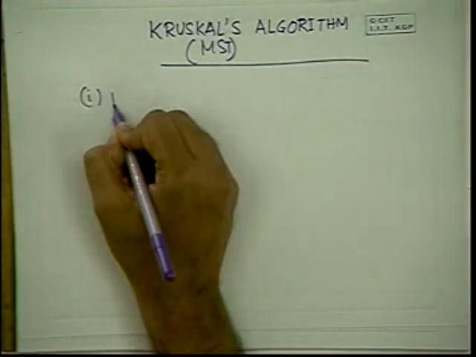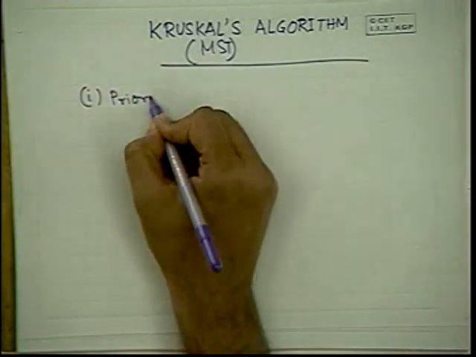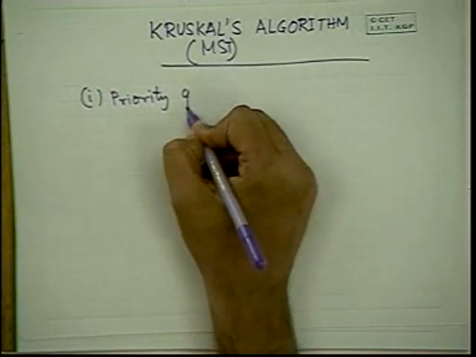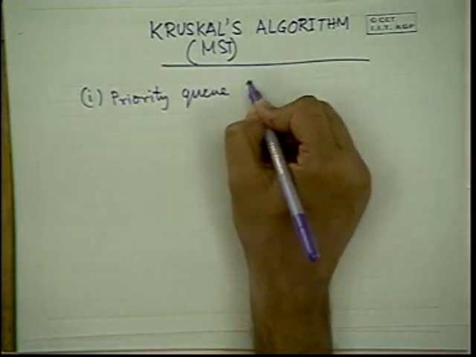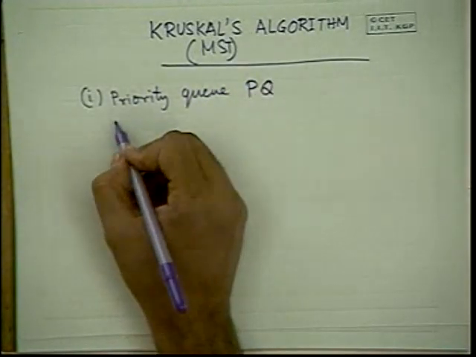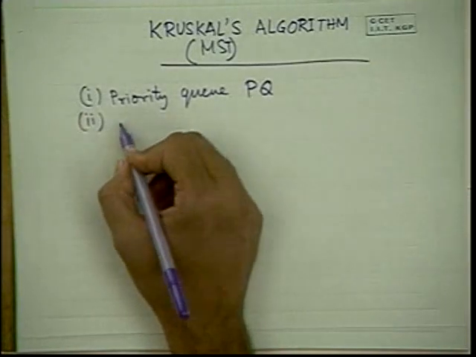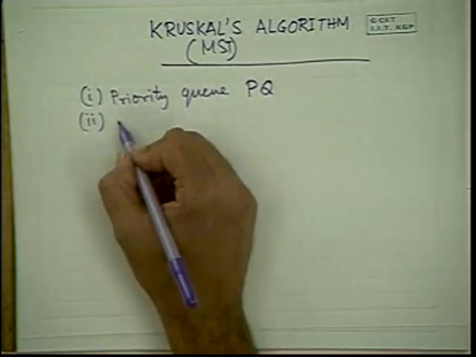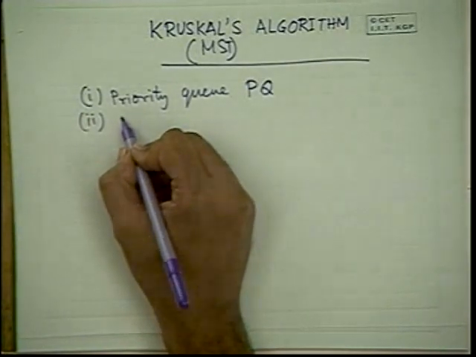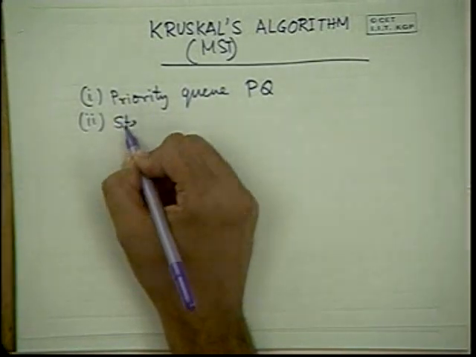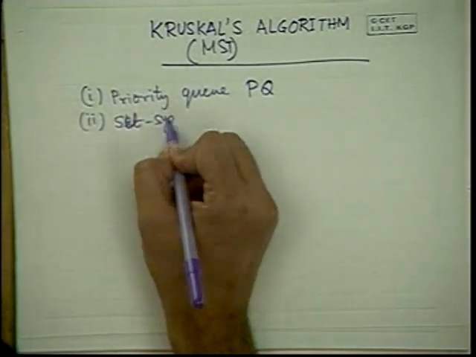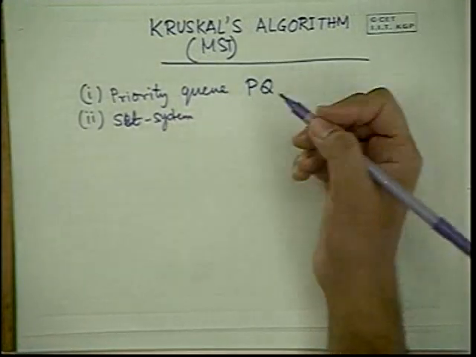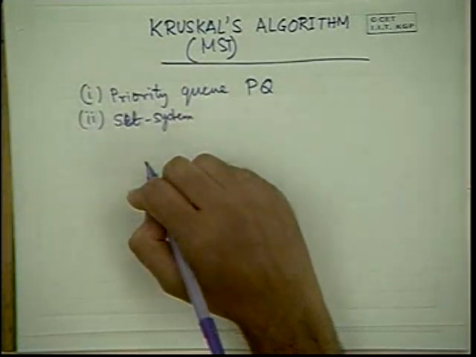The algorithm maintains two basic data structures. So what are the data structures? One is a priority queue, which I will call again PQ, and another, which we will see later, maintains a set system. What is a set system? Basically it maintains a set of some objects, a set of sets.